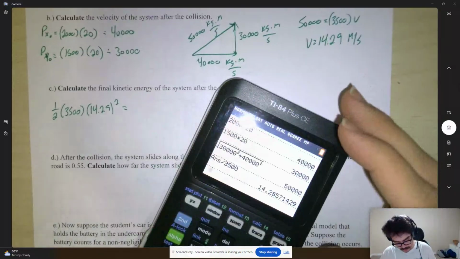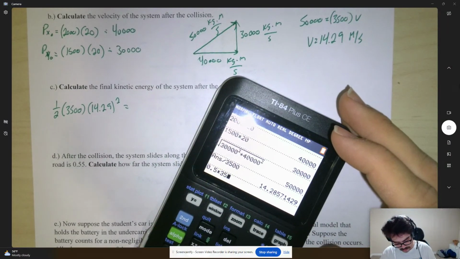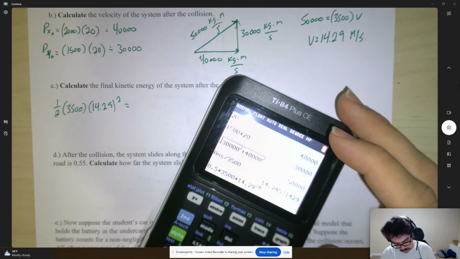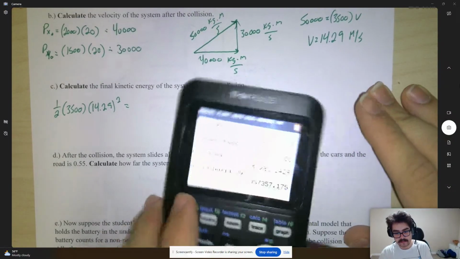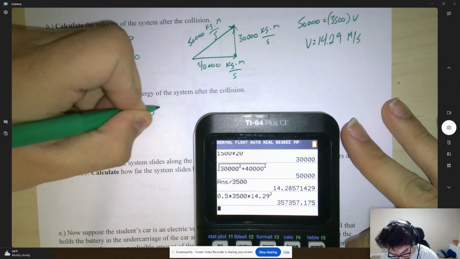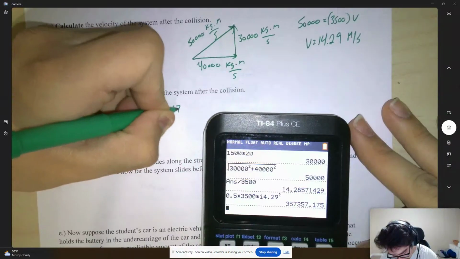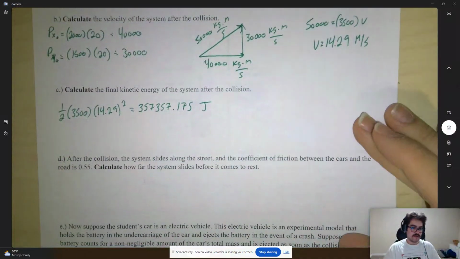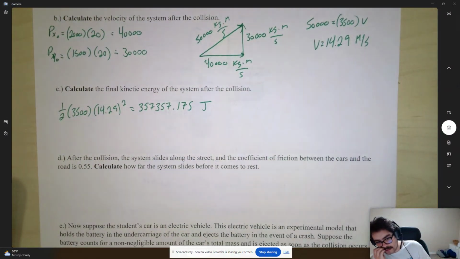And this gives me 0.5 times 3,500 times 14.29 squared. And I get this big number right here. Okay, 357.175 joules. I probably should have rewritten this question so that it has you do the initial kinetic energy and the amount of kinetic energy that's lost. Okay.